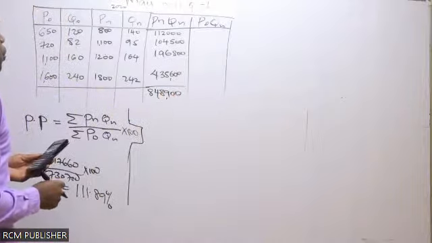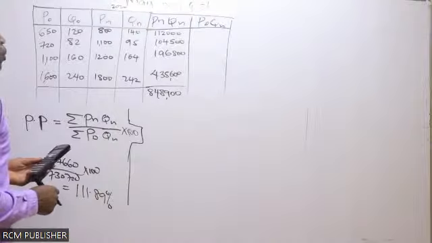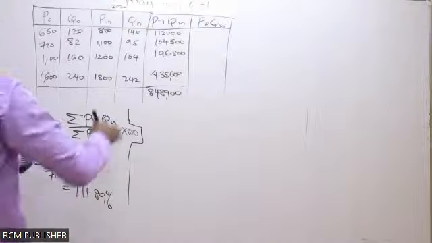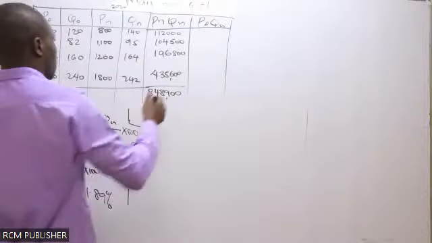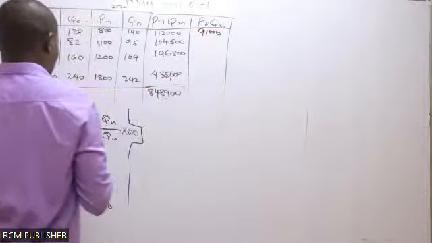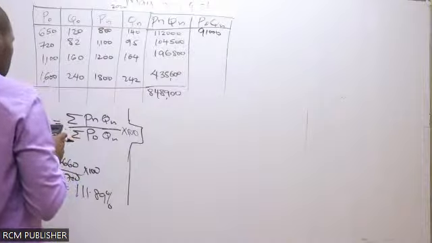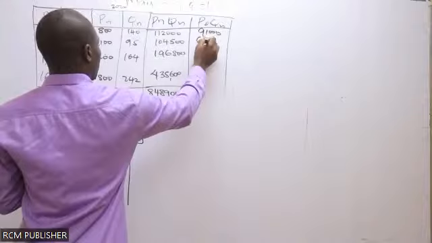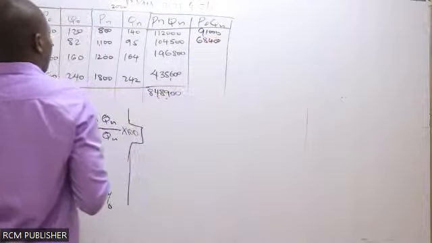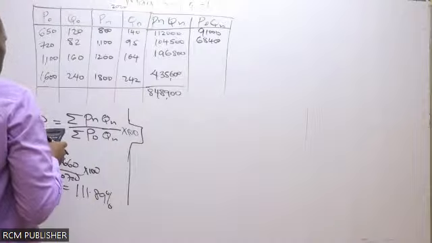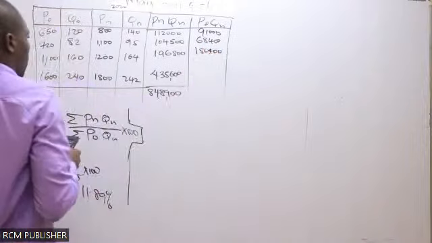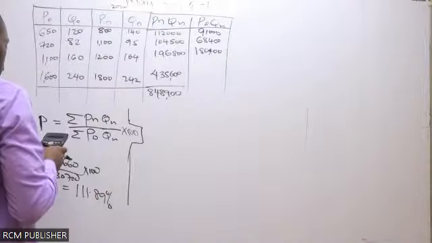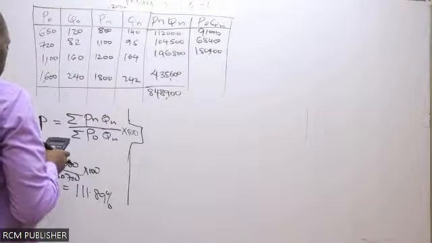Then we now move to POQN. This and this, so that is 650 by 140, 95 multiplied by 720, 164 by 1,100, and then 242 by 1,600.